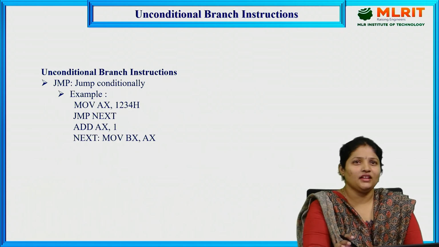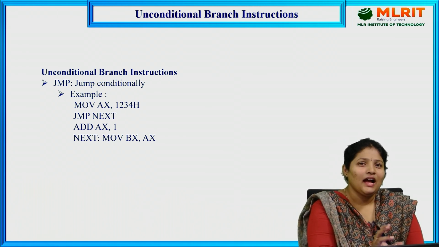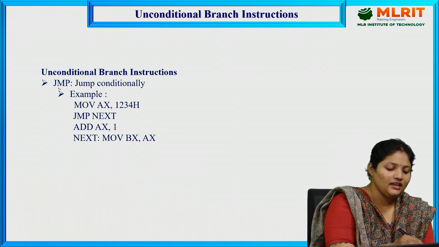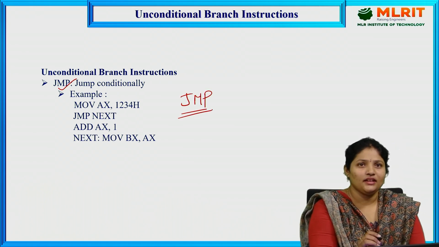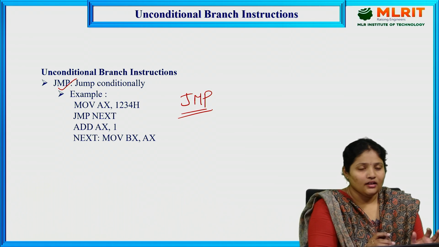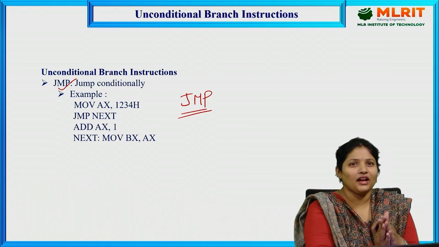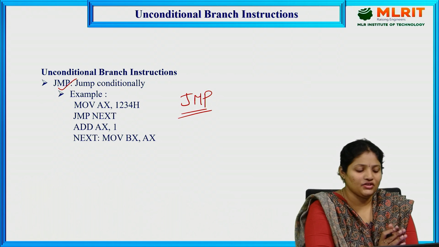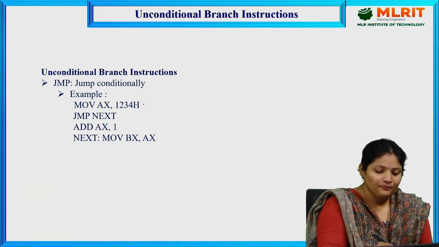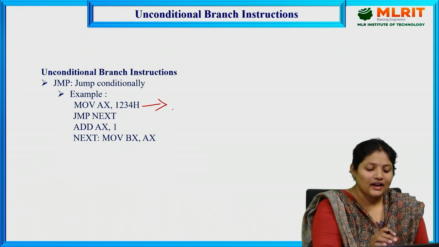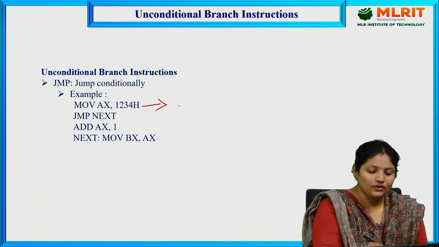Coming to the unconditional branch instructions, one of the most important is JMP, jump, where control is moved to the other location without any condition. Let us consider one example. Here the immediate data 1234H is moved to the AX register.